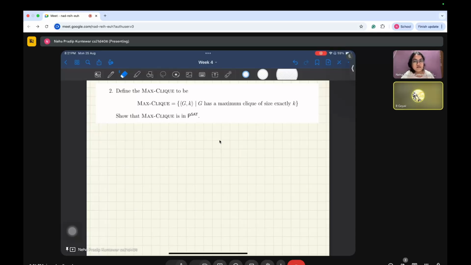Yes, so this click problem is NP complete, and satisfiability can be reduced into the click problem. That is how the click problem is NP complete.